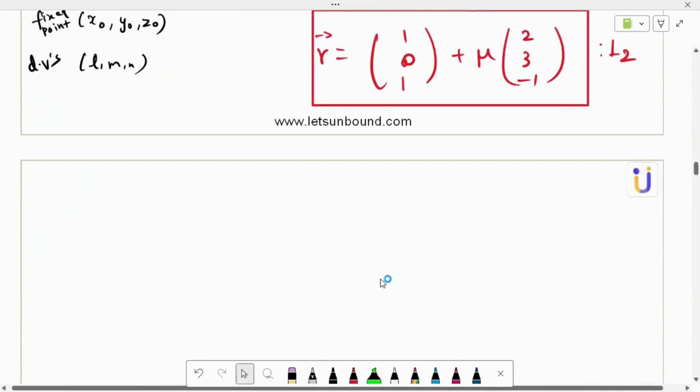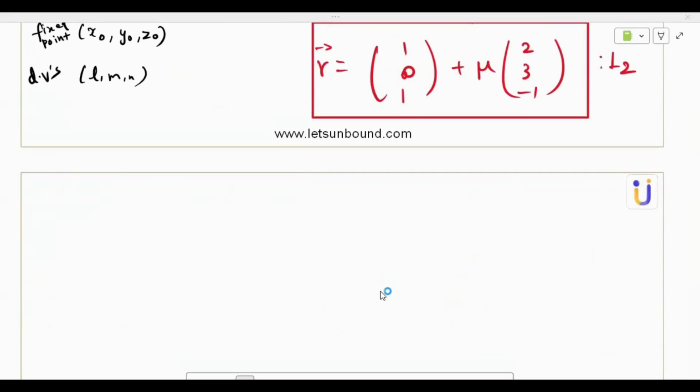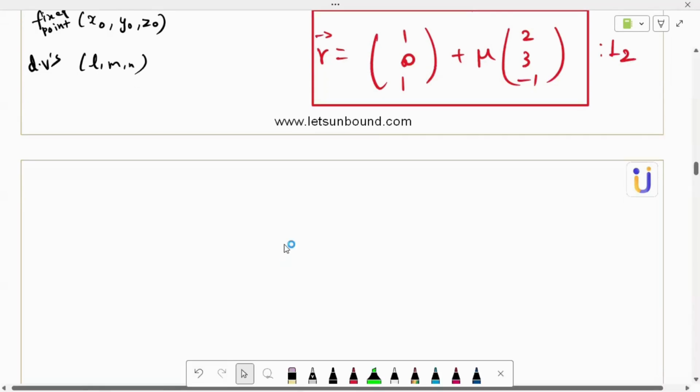Right. Now, actually, we are solving for skew. So let's take the points on L1 and L2. If the points meet, the general points will make some equations with two variables. And this is how it will be.